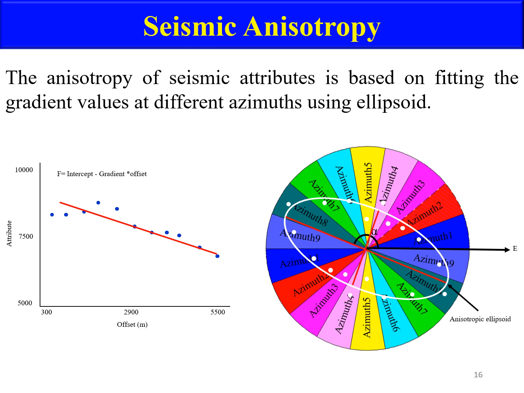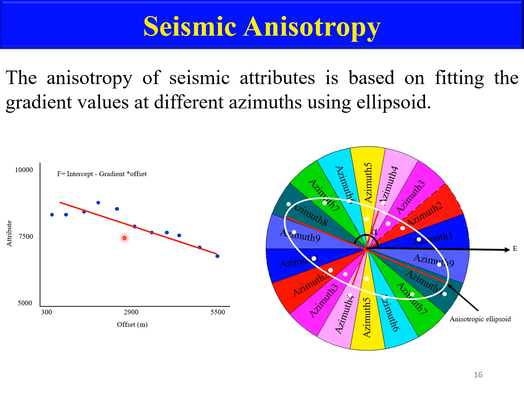We employ the common procedure of computing the anisotropy ellipsoid. First, we linearly fit the seismic attribute variation with offset at different azimuths. When linear fitting is employed, we can obtain the intercept and the gradient of the linear curve.